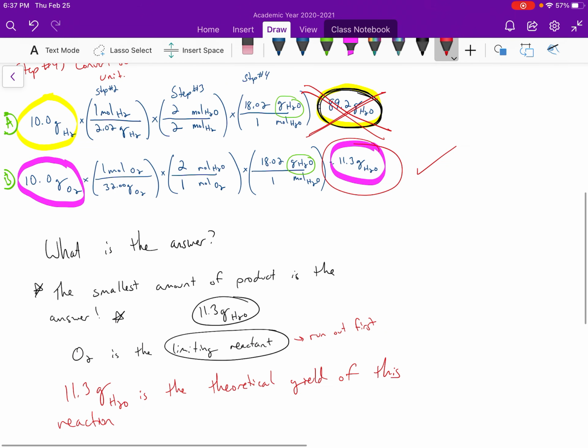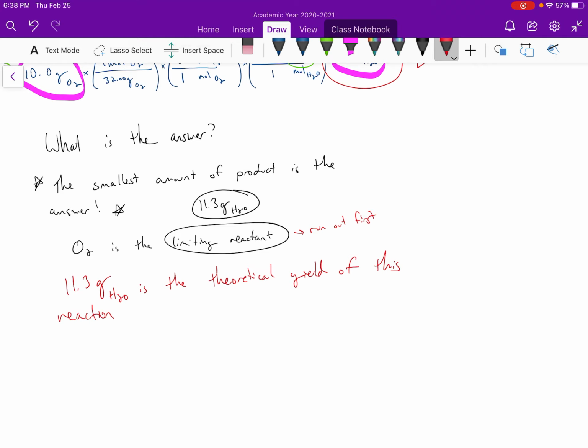So what does this mean? Well, this means that if I threw 10 grams of hydrogen and 10 grams of oxygen in a jar and mixed it up, I would get 11.3 grams of water and then leftover hydrogen gas, because there's excess. So we would call oxygen the limiting reagent, okay?